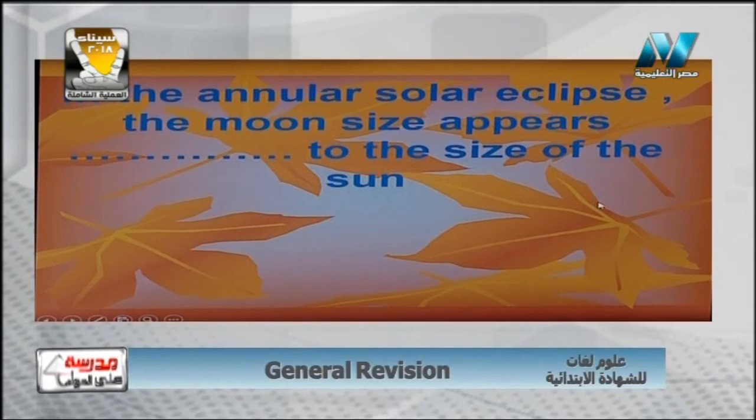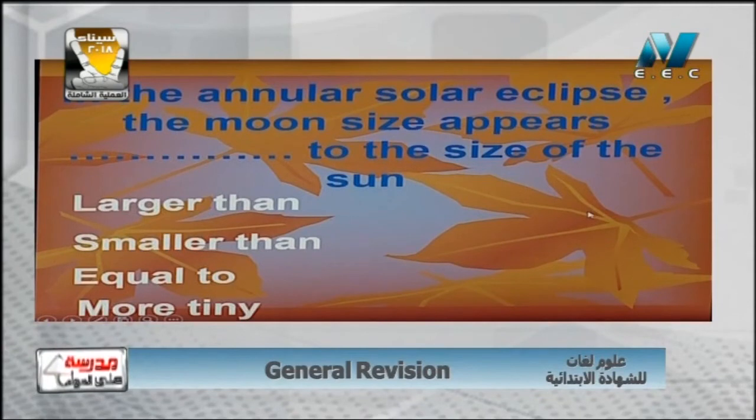In the annular solar eclipse the moon size appears to the size of the sun. We remember that in the annular solar eclipse the moon size appears to the size of the sun: larger than, smaller than, equal to, or more tiny. We repeat this question more than one time.